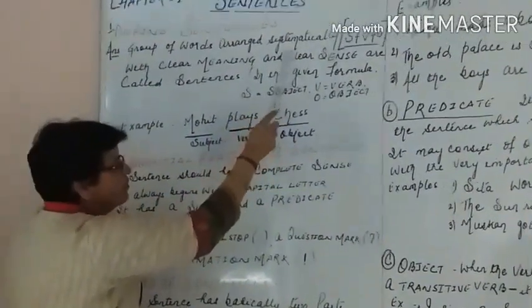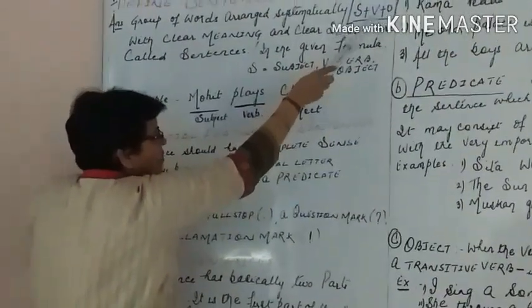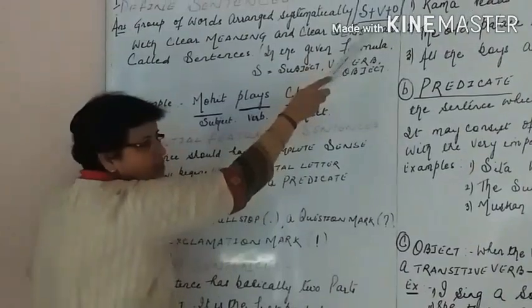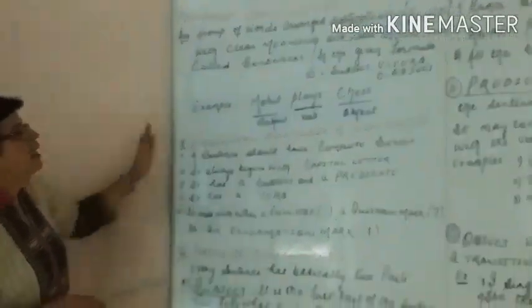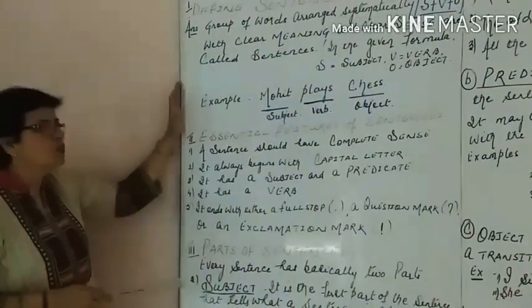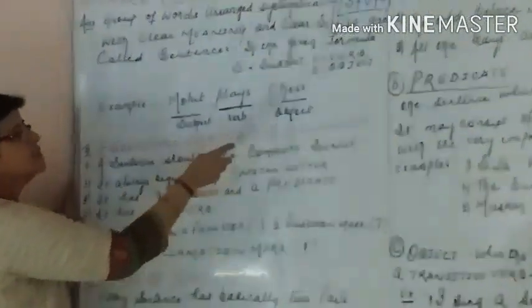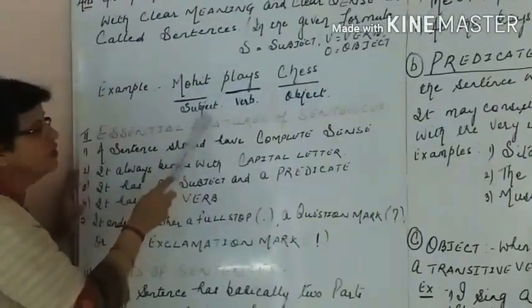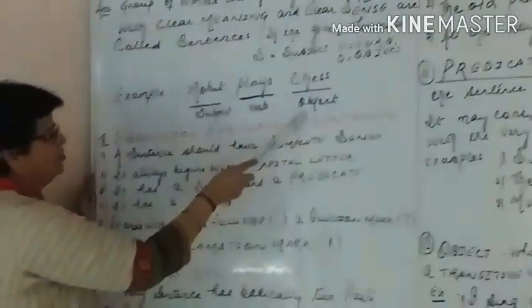For this, the first given formula is S plus V plus O, where S stands for subject, V stands for verb, and O stands for object. I can very well clear this with a given example. Mohit plays chess, where Mohit is a subject, plays is a verb, and chess is an object.